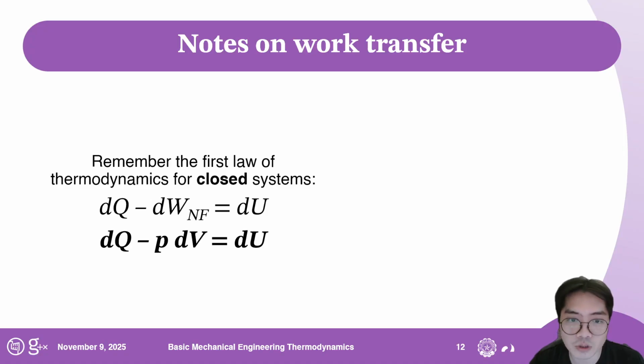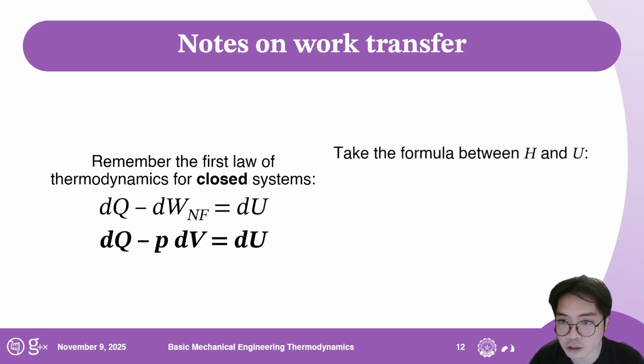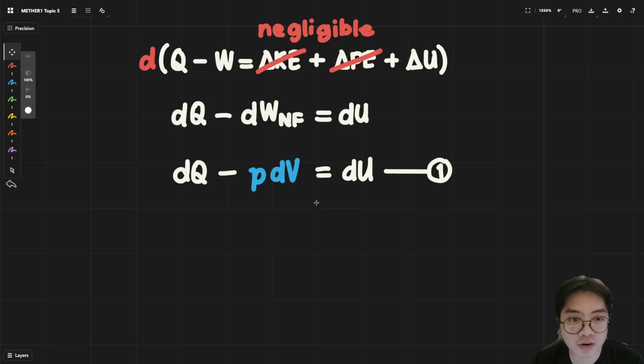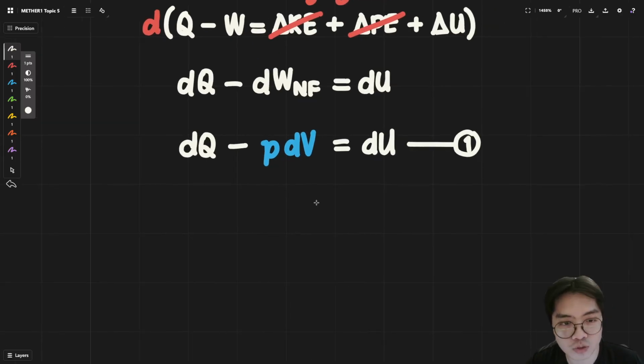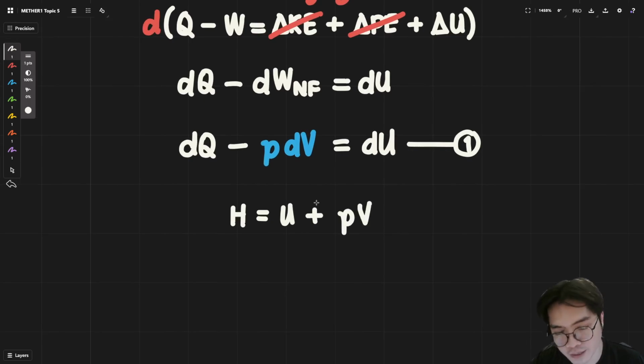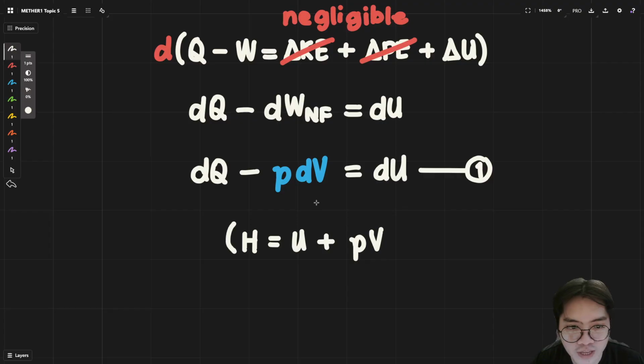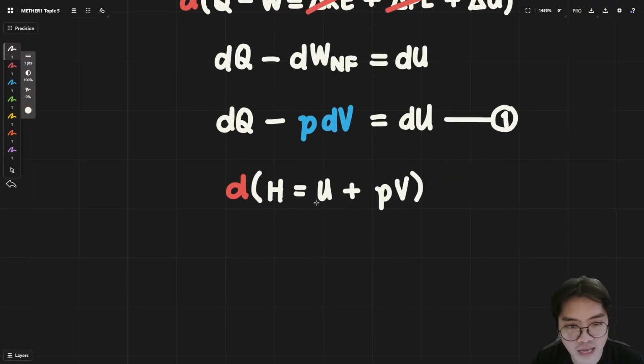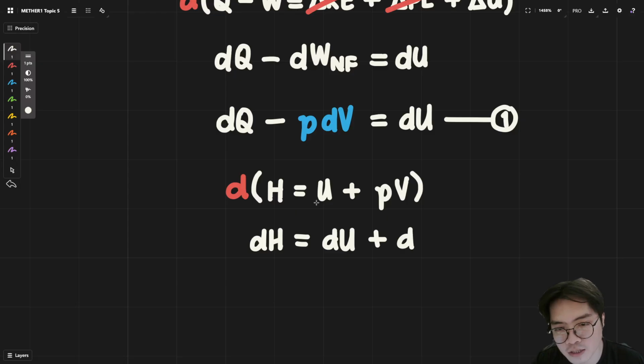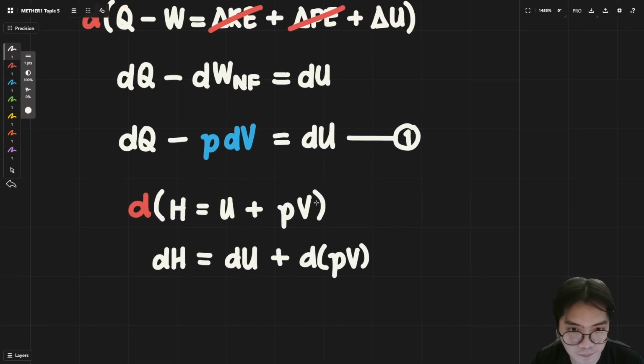The next thing that we're supposed to look at is the relationship of H and U. The general relationship of H and U is H is equal to U plus PV. Now what we're going to do again is take the differential of both sides. We will get dH is equal to du plus the differential of this thing, P times V, the flow energy.